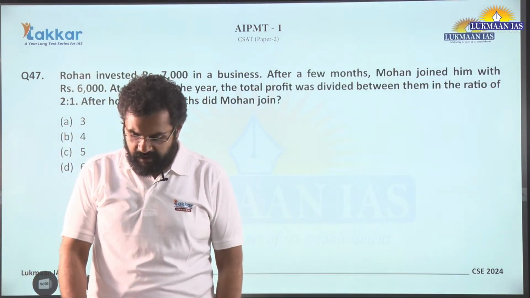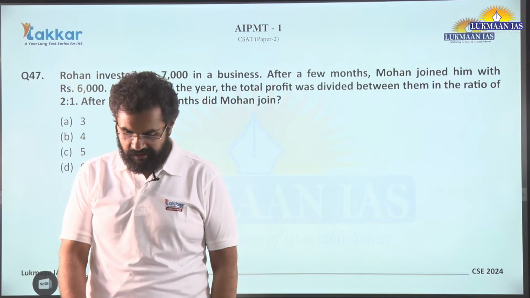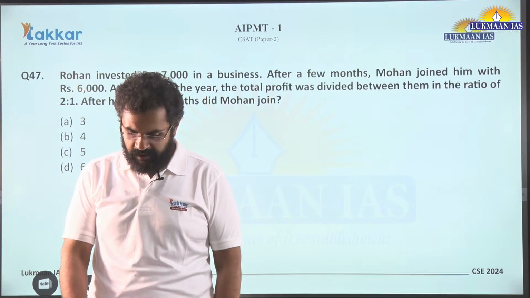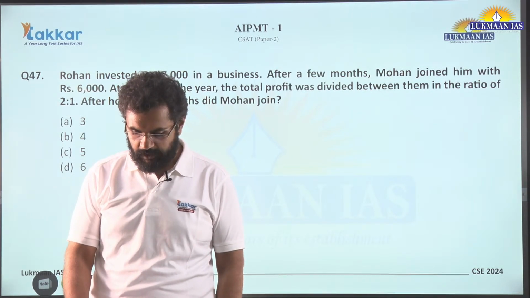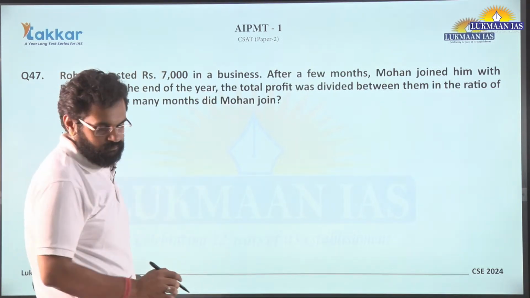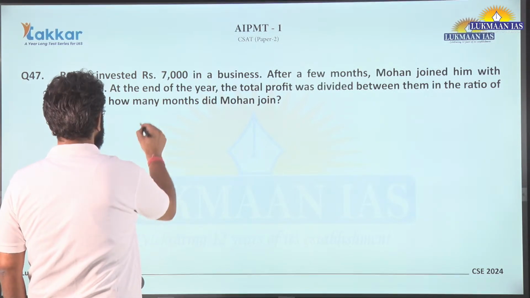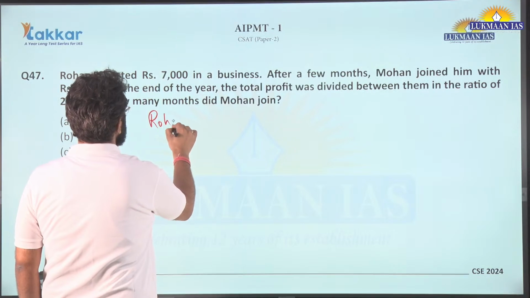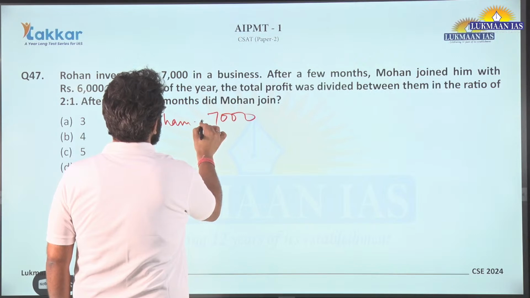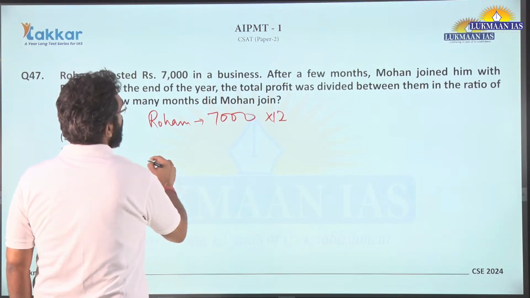Rohan invested 7,000 in a business. After a few months, Mohan joined him with rupees 6,000. At the end of the year, the total profit was divided between them in the ratio of 2:1. After how many months did Mohan join? So, Rohan came with rupees 7,000, and it continued for the 12 months.